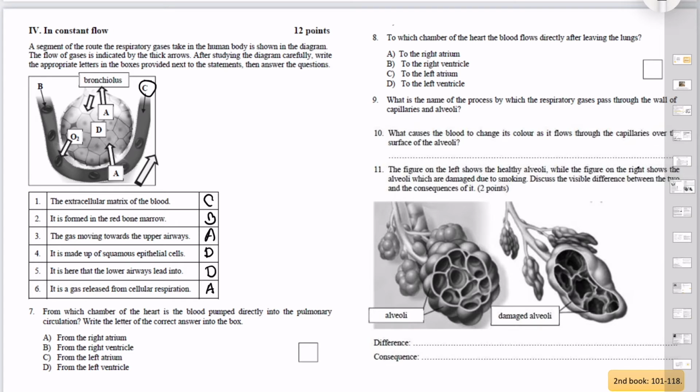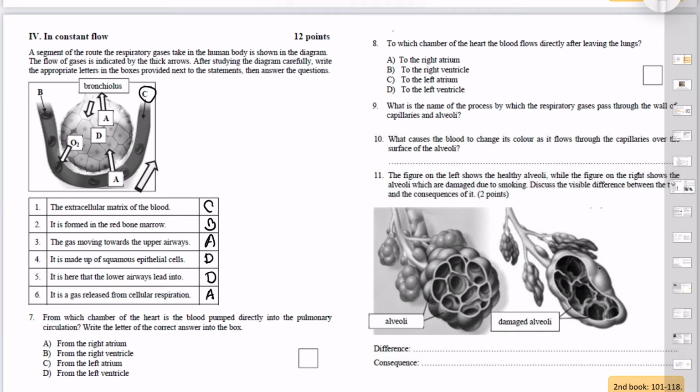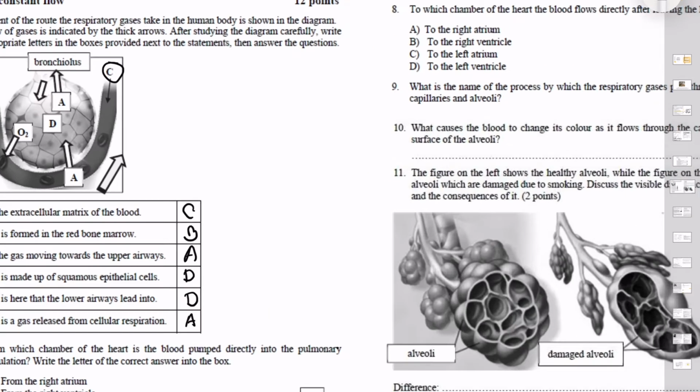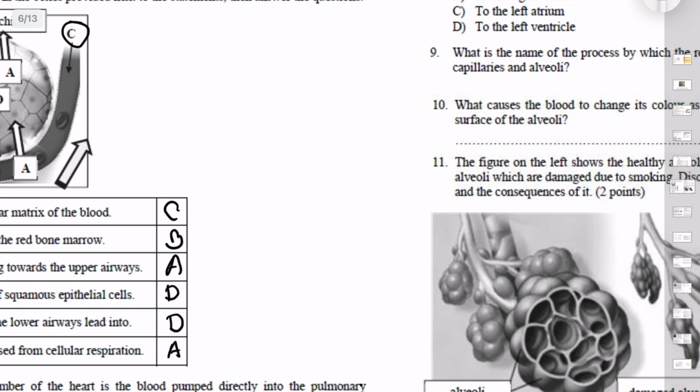Okay, from which chamber of the heart is the blood pumped directly into the pulmonary circulation? Write the letter of the correct answer into the box. In order to answer this question, it's important for you to remember what you have learned about the heart and the circulatory system itself. So let's quickly recall. We have a little space in here.